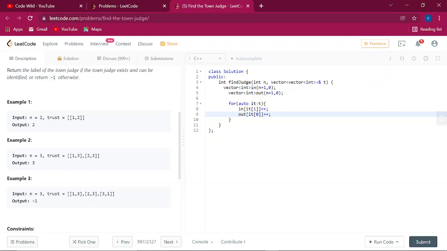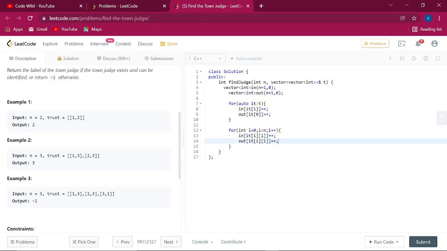Basically, for your better information, this can also be written as in of I comma 1 plus plus, and out of I comma 0 plus plus.